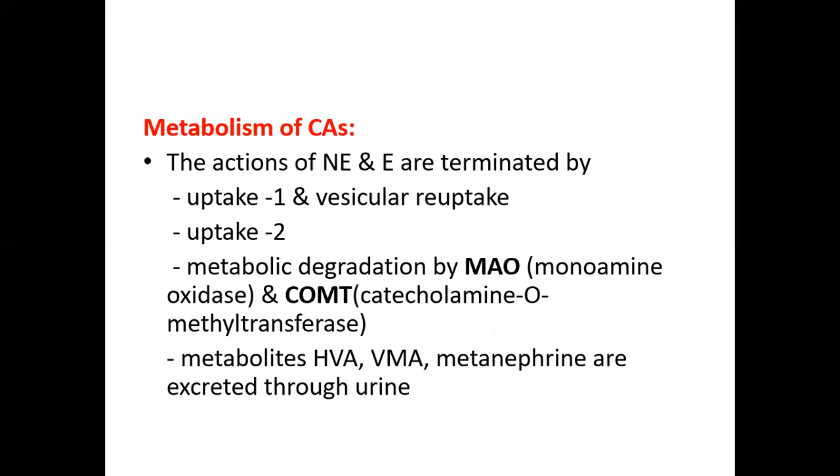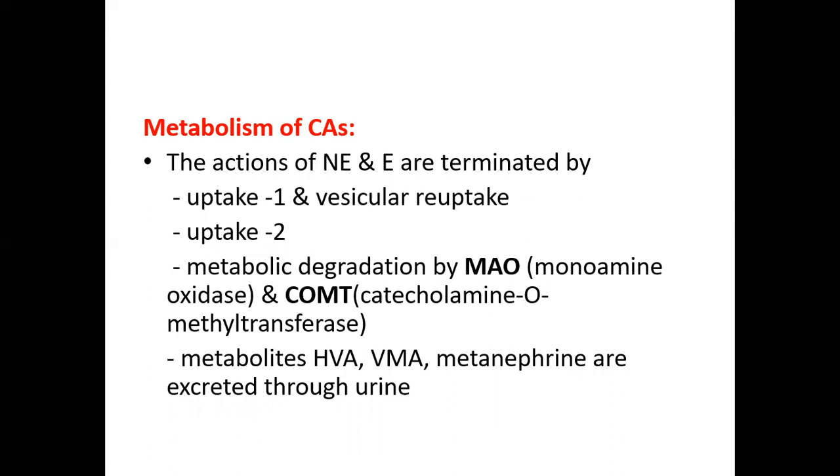Apart from this, their metabolic degradation is carried out by MAO, that is monoamine oxidase, as well as catechol-O-methyltransferase. We have learned in the previous slide that they form HVA, VMA as well as metanephrine.